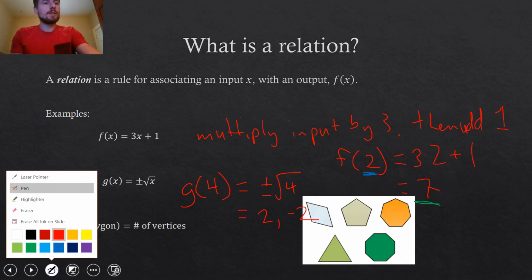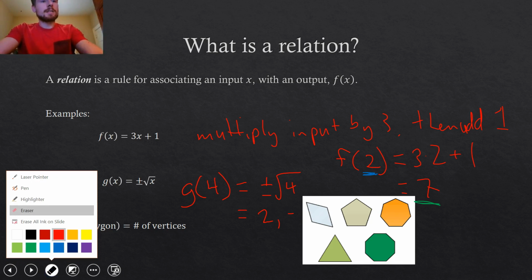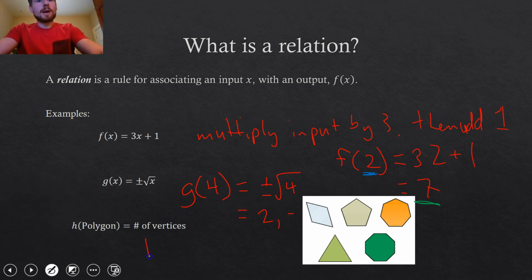Another potential relation is if you say you want to plug in a polygon. So this is without a number. This is a different way of describing functions. What if you plug a polygon in? You say, okay, these are examples of polygons. And the output is how many vertices that polygon has. So let's take a look at a potential example. What if you do h of square?